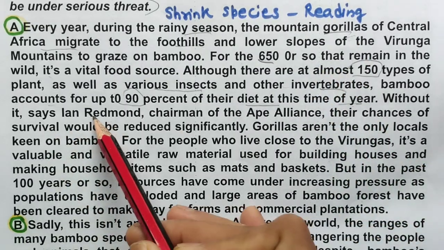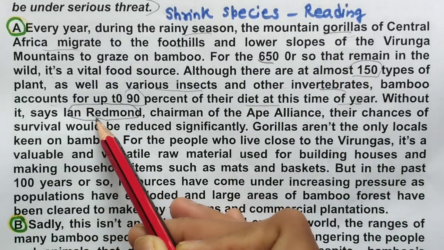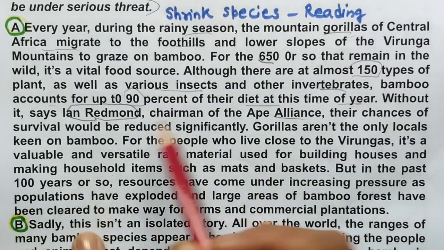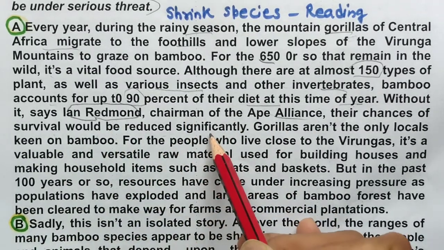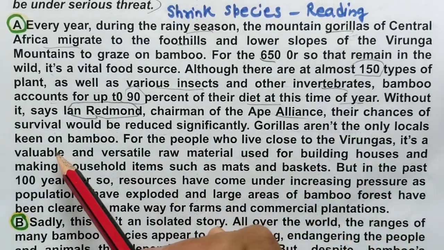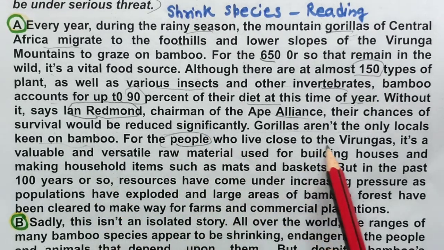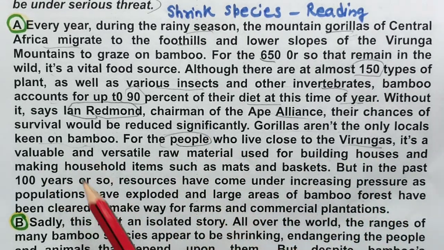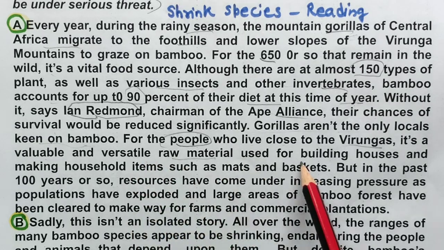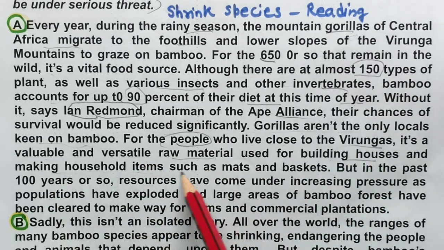Without it, says Redmond, this person's name is there, chairman of this, their chances of survival would be reduced significantly. Gorillas aren't the only ones keen on bamboo. Now they are talking about people who live close to it, it's a valuable and versatile raw material used for building houses, making household items.